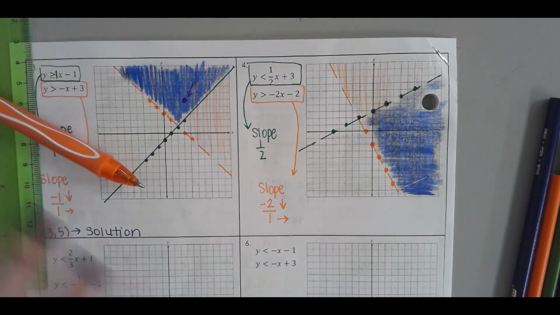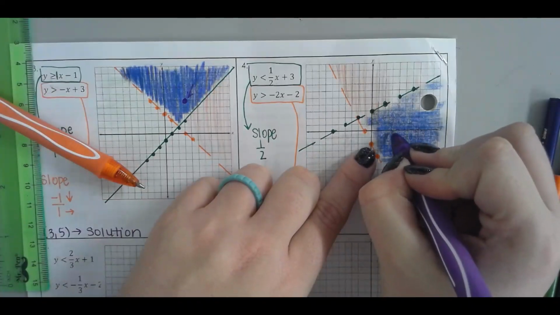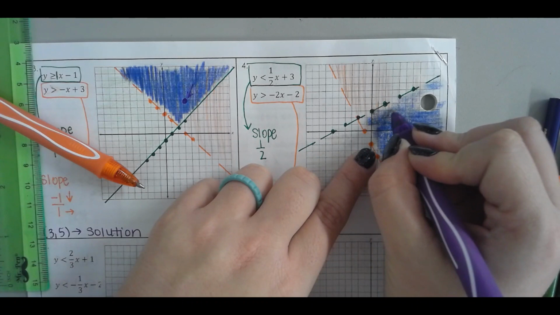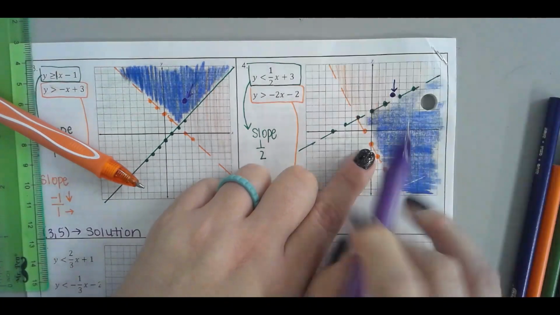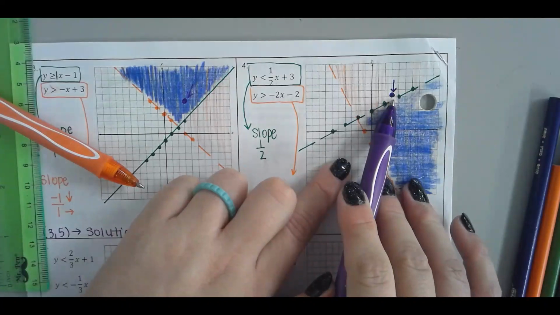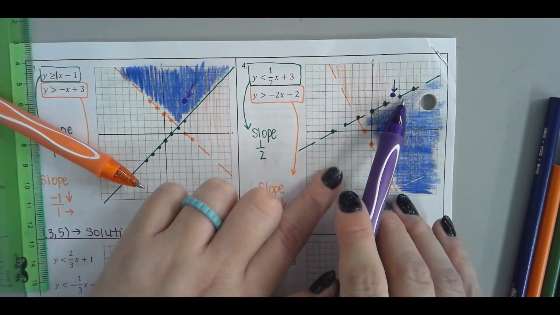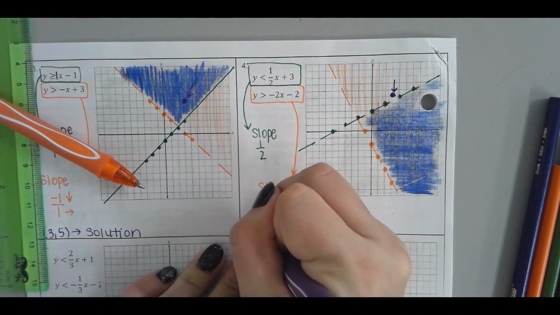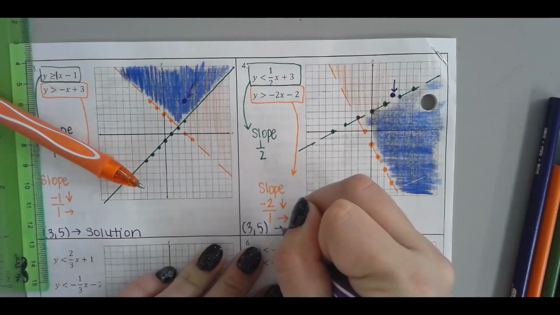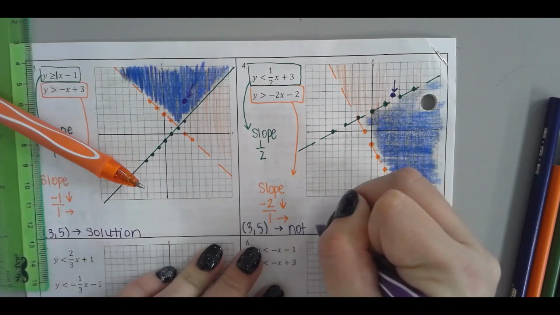The point 3, 5 falls right here. It's close, but is it in my shaded region? No. 3.5 is not a solution.